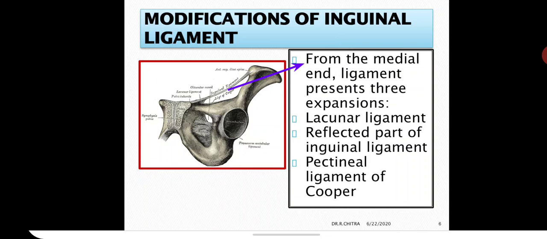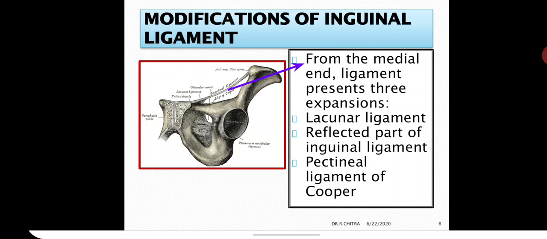Now next is the expansions or the modifications of this ligament. If you try to see the medialmost end of the inguinal ligament in the picture, you will see three expansions: lacunar ligament, reflected part of the inguinal ligament, and pectineal ligament of Cooper.